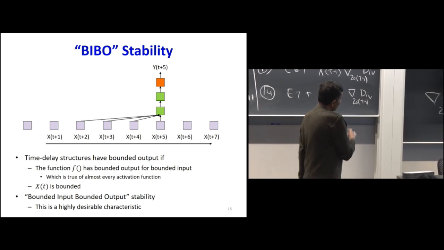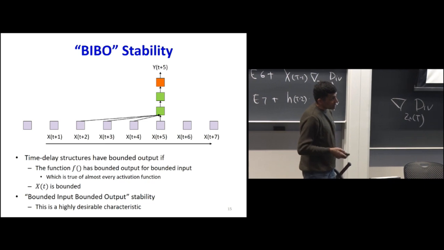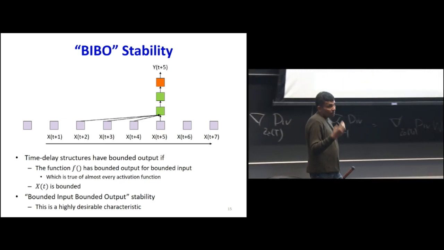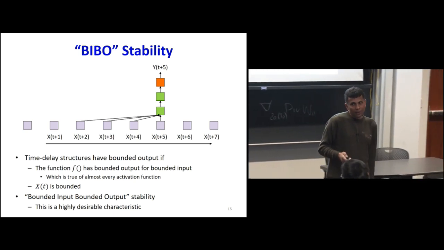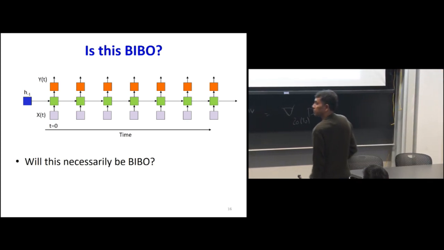If they're not BIBO stable, then the structure that you have cannot be depended on, because there's going to be some input that you feed it where the output just explodes and then everything goes haywire, right? So is this structure BIBO?